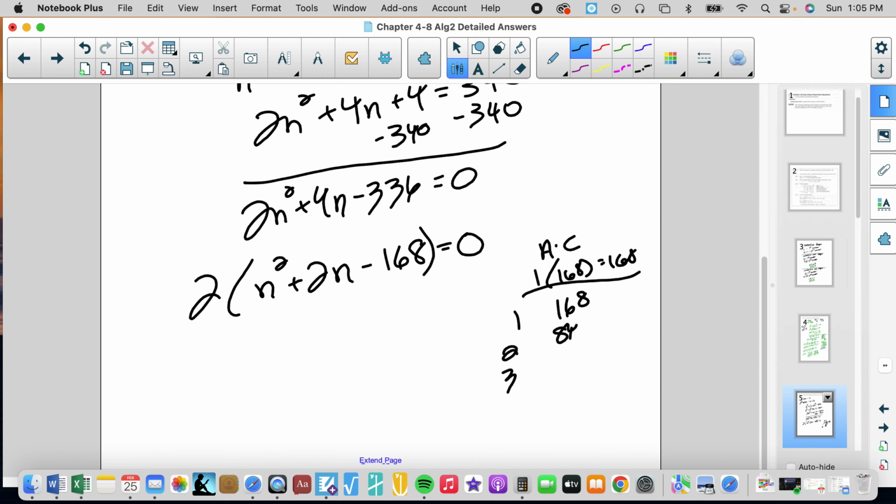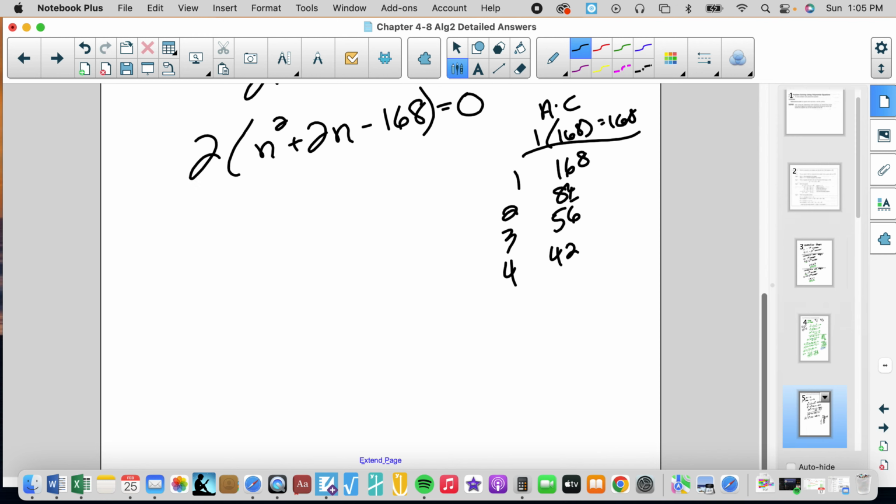Yep, 3 goes into that. 5, 56. 4, yes, 42. I'm looking at this one because if I take a 2 from that to make that 4, that gave me 42. That's how I do that real quick in my head.